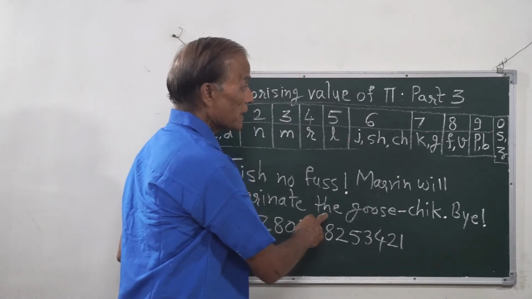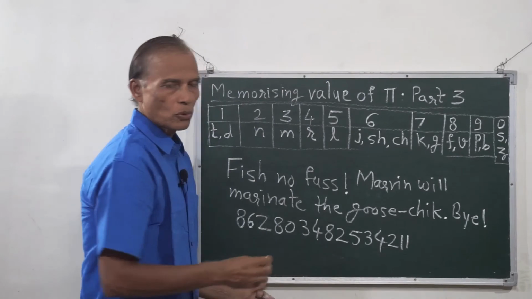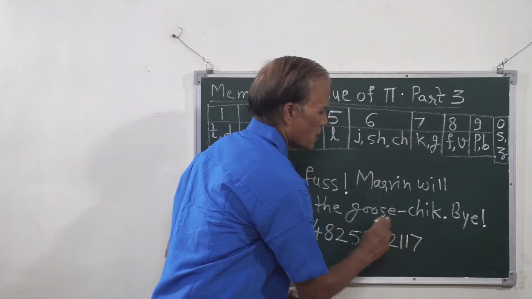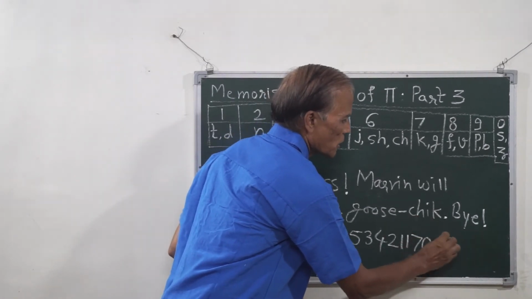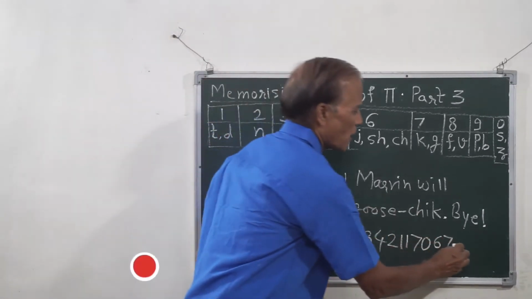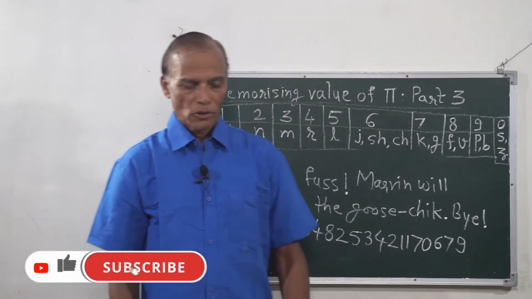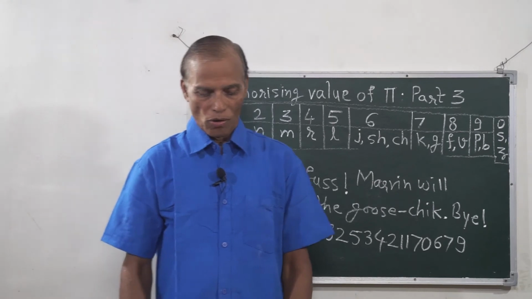T, D sound actually, so that gives us 1. Goose cheek, G gives us 7, S gives us 0, CH sound gives us 6, K gives us 7, and by, B sound is there. The last 100th decimal digit is 9. So these are completely 100 digits of pi.